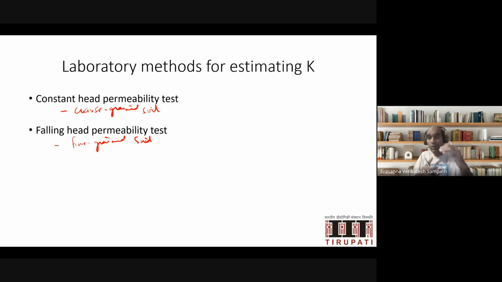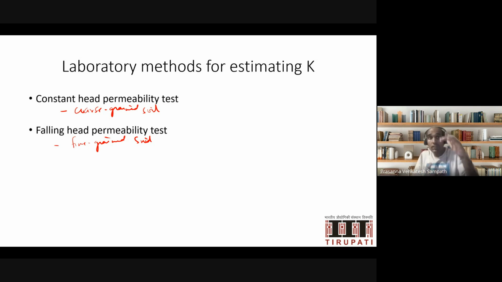I have a sample, and I have water in a long tube with some graduations, and I measure the time it takes for the water level to go from a particular level in that tube to another level. So the water level in that tube is falling. That's why we call it the falling head permeability test.